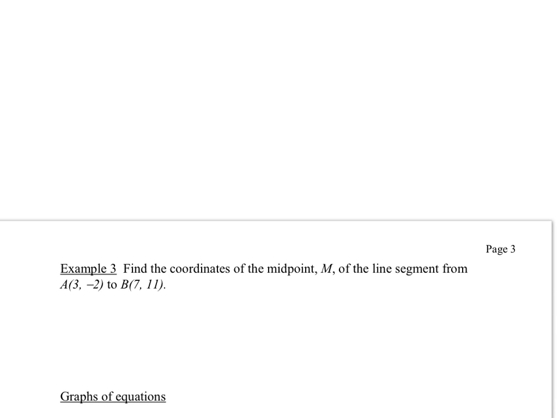And 5 is the x-coordinate of the midpoint, and you can see that here. And then, of course, you take -2 plus 11 and take half of that to get the y-coordinate of the midpoint. And that's it.